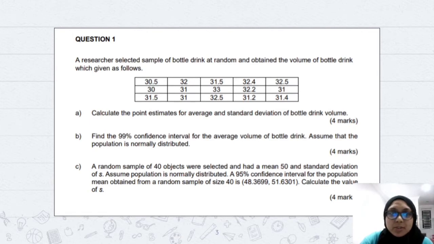Since the question gave us this sample, I will show you how to find the sample mean or average and the standard deviation for the sample. A point estimate is a single value given as an estimate of a parameter of a population.